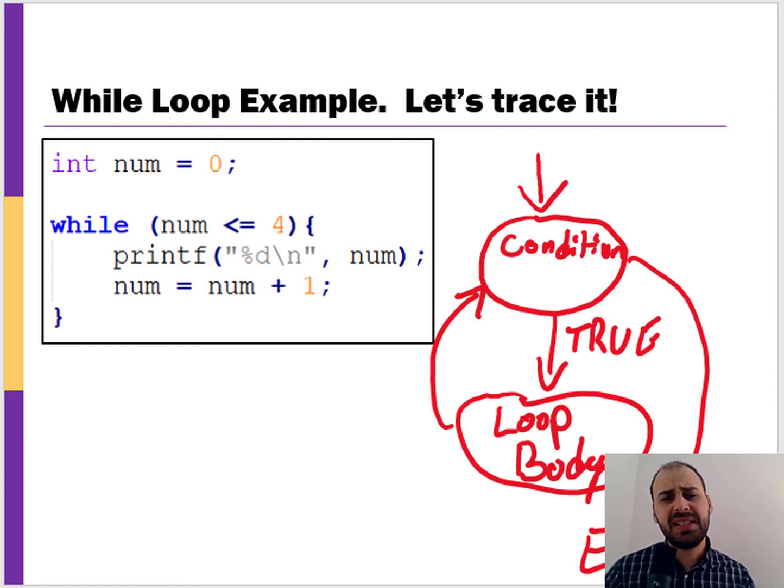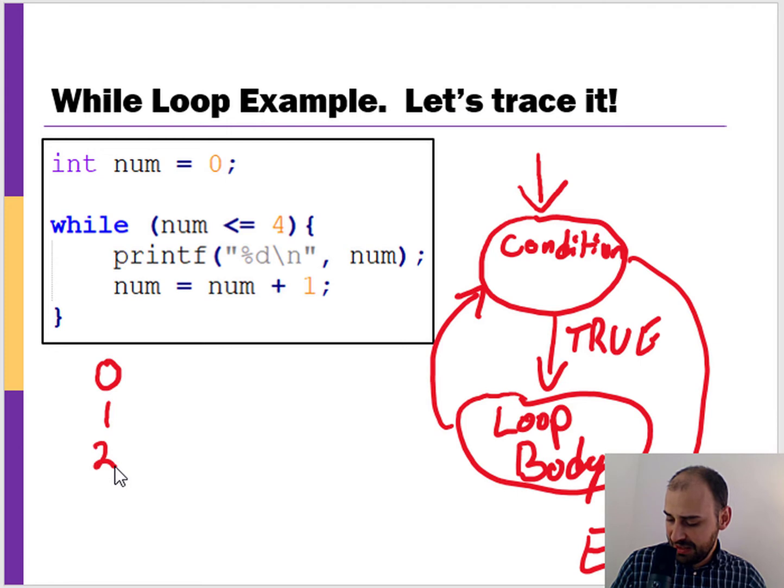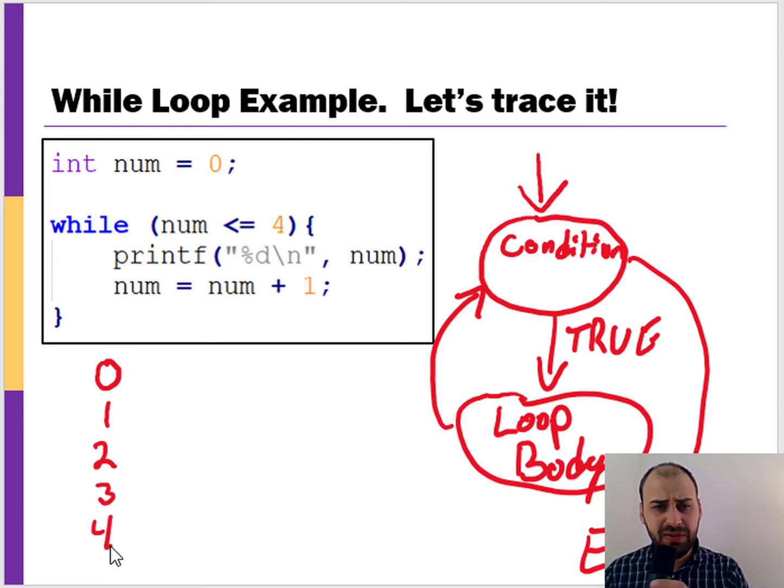And what we see is this example on the left-hand side here is exceptionally similar to a for loop. Effectively, we say num equals 0. 0 is less than or equal to 4, so we enter the loop. We're going to print 0. Then we're going to increment num by 1, and we're going to continue that process. So then we say num equals 1, well 1 is less than or equal to 4. We're going to print that, and it continues on. At some point we print 4.